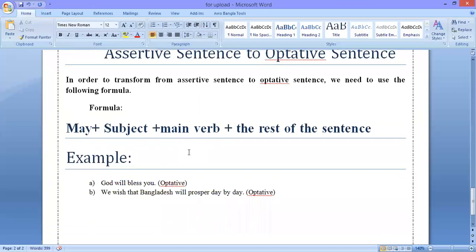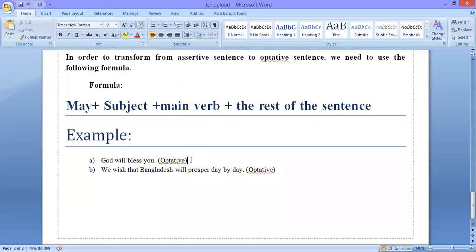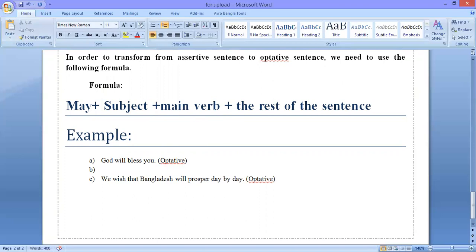If I give you an example, then you can understand this very easily. If you look at number 1, we can see that God will bless you. This is an assertive sentence and we shall have to make this optative sentence. So we shall have to bring may at the beginning.